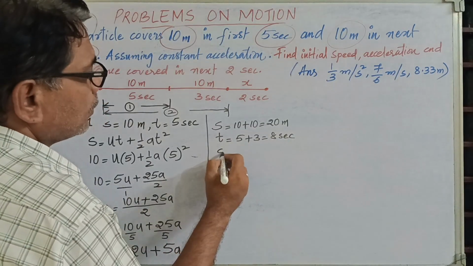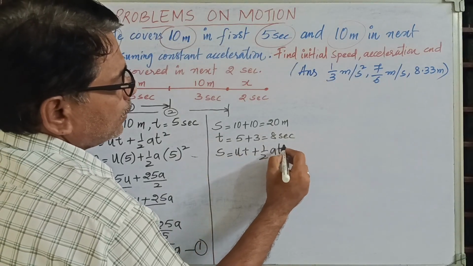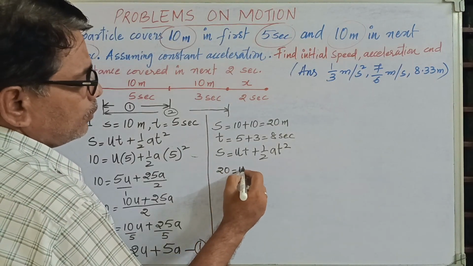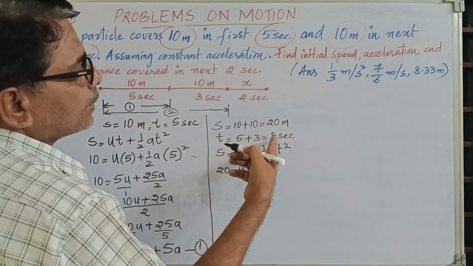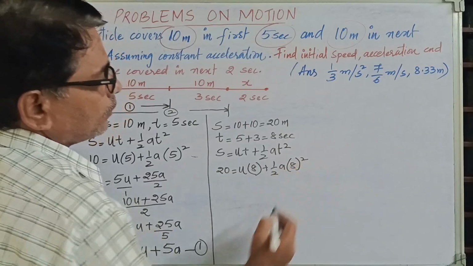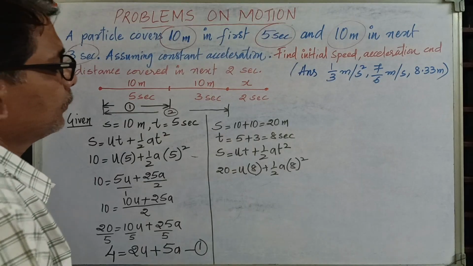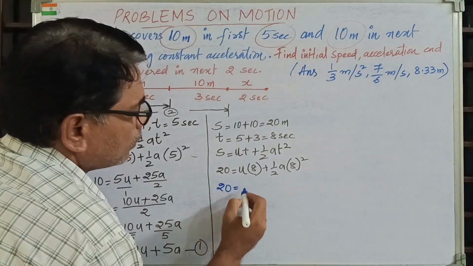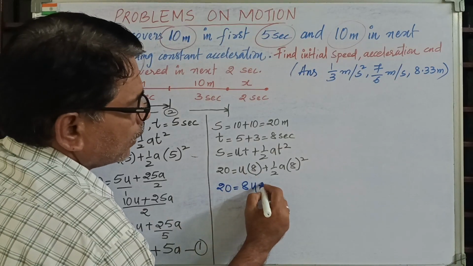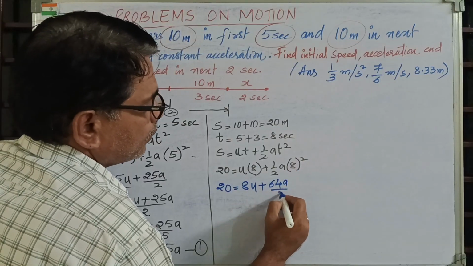Substituting in the same S is equal to UT plus half AT square: 20 is equal to U into the time, 8 seconds, plus half A into 8 square. So 20 is equal to 8U, it's 8U, plus 8 square is 64, so 64A by 2.